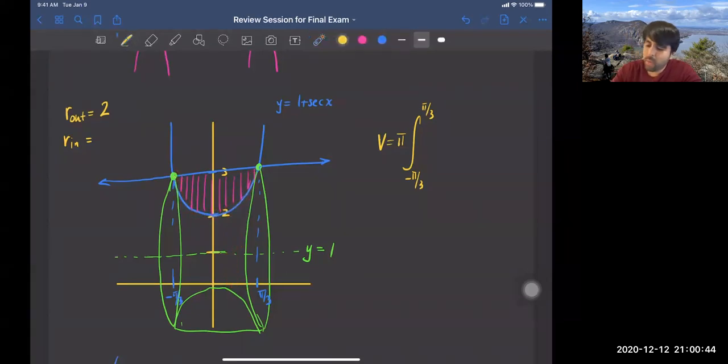So if I do 1 plus secant of x minus 1, then what do I get? I only get secant of x.